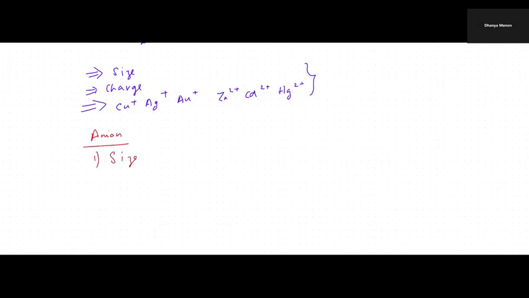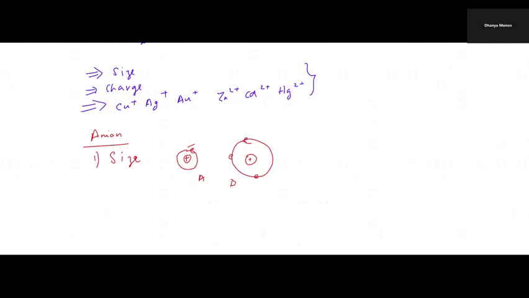Now, if I have 2 anions, this is one anion and this is another anion, anion A, anion B. If it's a bigger anion, the nucleus cannot hold the electrons together like in the smaller anion.